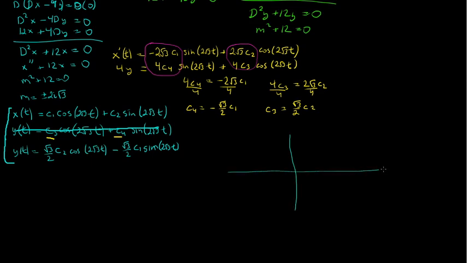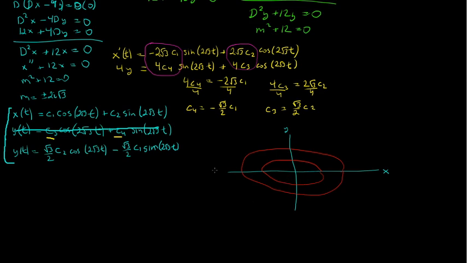So this will be the x-axis, this will be the y-axis, and the idea is when you trace these out, you get ellipses. So depending on C1 and C2, you might get an ellipse that looks like this. If you change C1 and C2, you might get a different ellipse, one that looks like this. I know, very sloppy, but it's my pen.